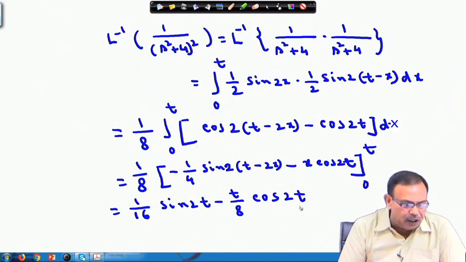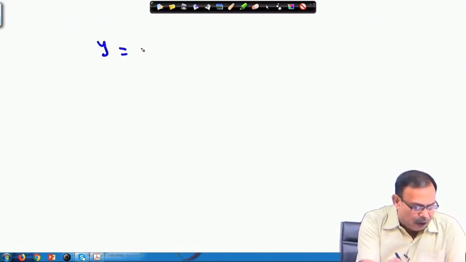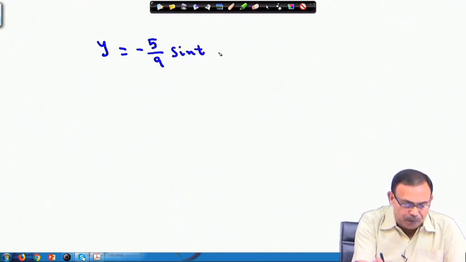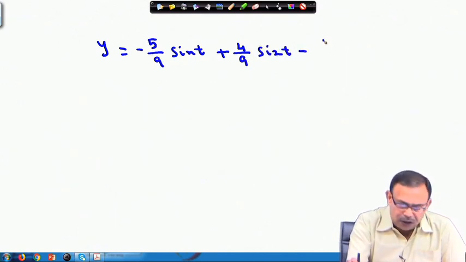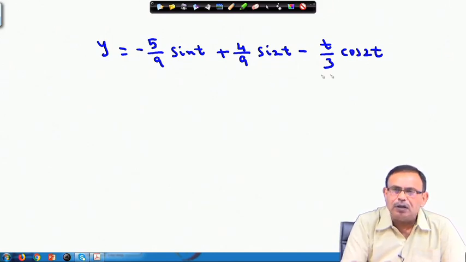So, now I can tell the value of y: y equals minus 5 by 9 sin t plus 4 by 9 sin 2t minus t by 3 cos 2t. Substituting that value and with simple manipulations, the solution of the given ordinary differential equation will be this.